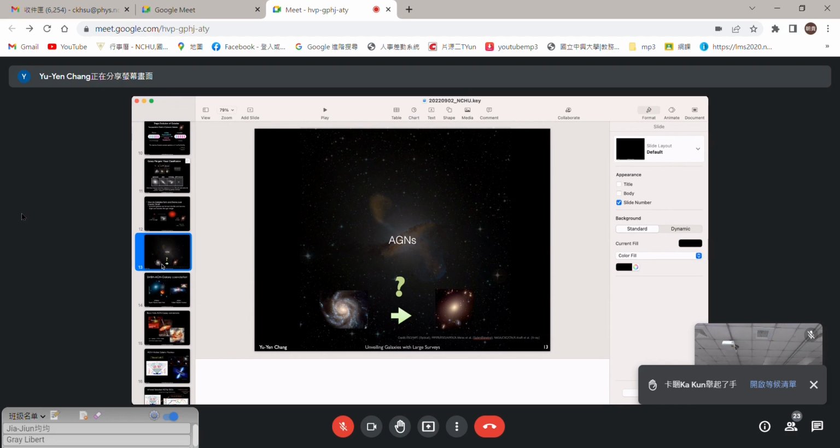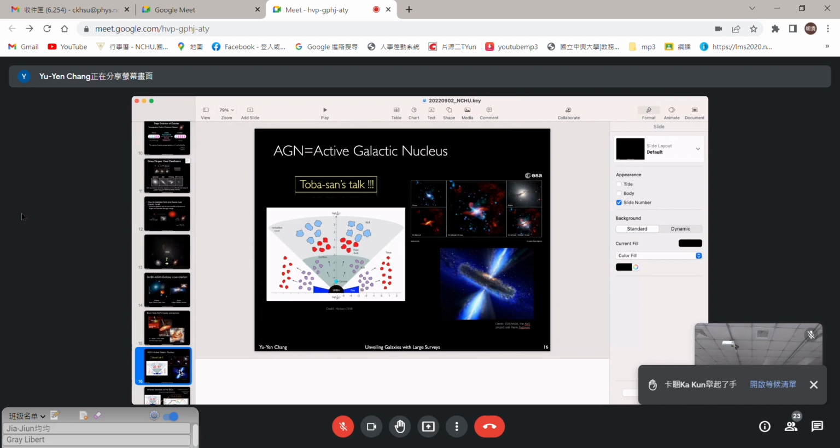I want to ask what causes the jet of an AGN? So as you can see, the black hole is here. If we have an accretion, then some material falls into the black hole.